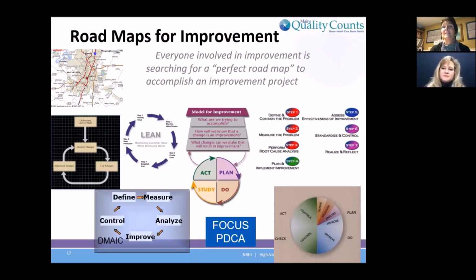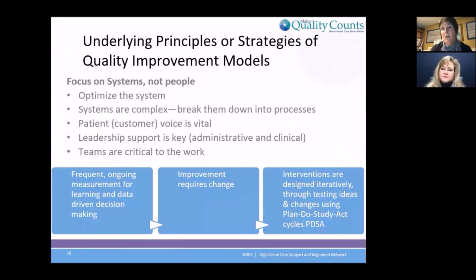What matters most is that we have an improvement model that works for you and that helps you achieve, as Jessica was talking about the importance of the aim, helps you achieve your aim. So for the purposes of this call, and because we can't talk about all of them, I am going to focus on that middle one, which is the model for improvement. And you'll see a bit about that in a second.